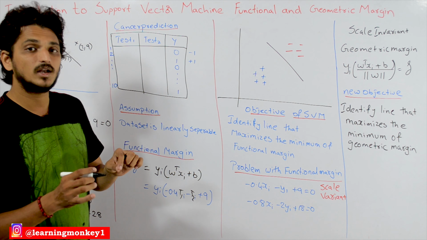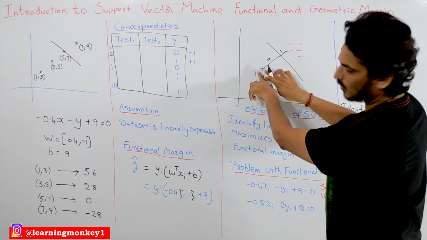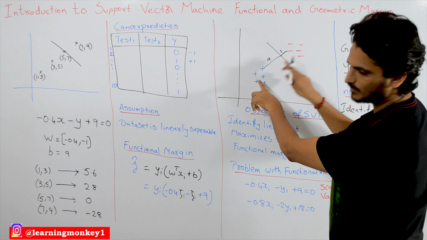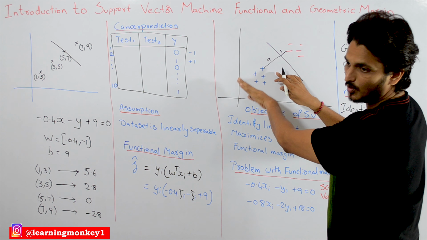Assume that if you calculate the functional margin for this point, you got it as 1. And for this point, we got it as 9. These points are already far away, very distant from this line. If you calculate the functional margin, we'll definitely get a value above 1. The same way, the remaining 4 points, which are already away from this point, if you calculate the functional margin, we'll definitely get above 9.